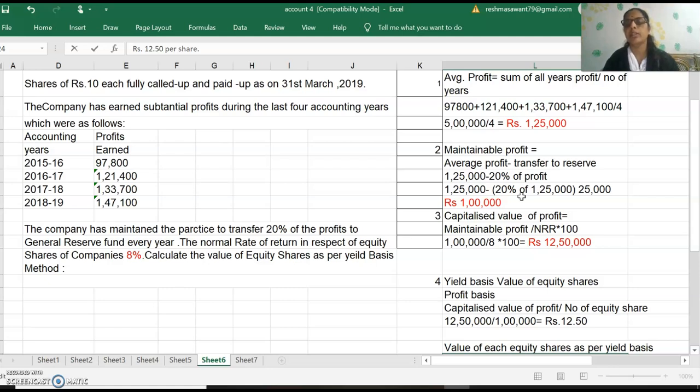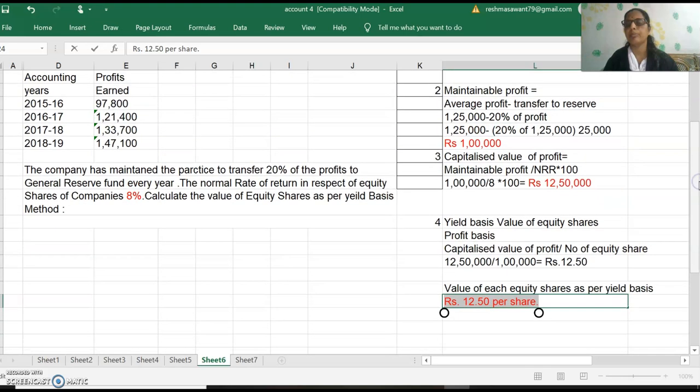Then we convert the profit into the capitalized value of profit with the formula: capitalized value of profit is equal to maintainable profit divided by NRR, that is normal rate of return, multiplied by 100. 1 lakh divided by 8, that is the 8% mentioned in your question, into 100 is equal to rupees 12,50,000, the capitalized value of your profit. Now we use yield basis, the value of equity share as per yield basis.